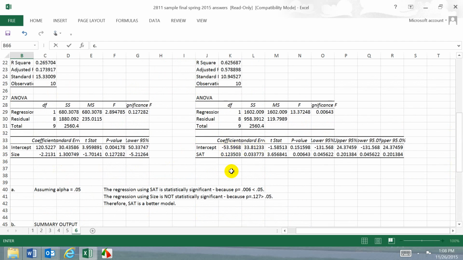Therefore, we're going to use the model that we got, and that's this model right here. The equation was y equals minus 53.59 plus 0.12 times the SAT score. That's the equation. Here y is the percent going to college, equal to minus 53.59. That's the constant.